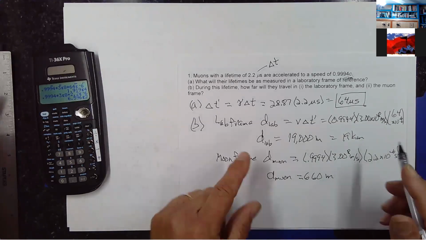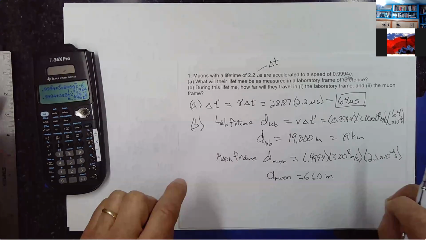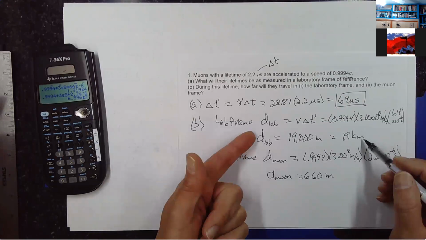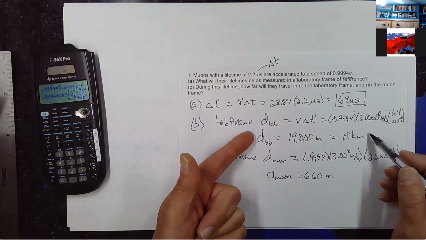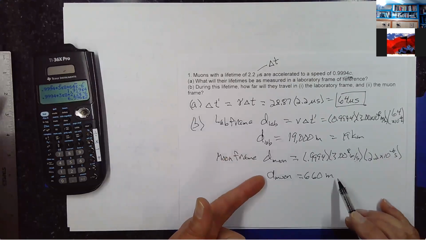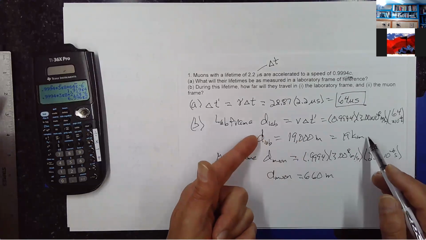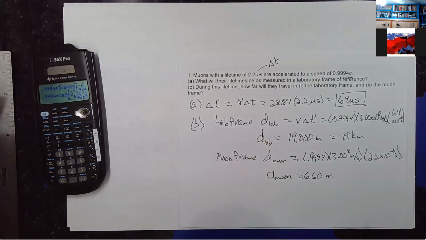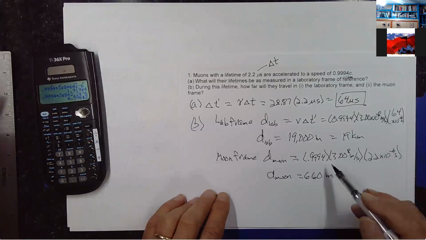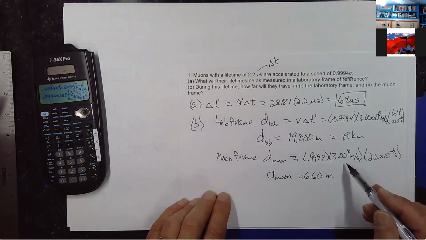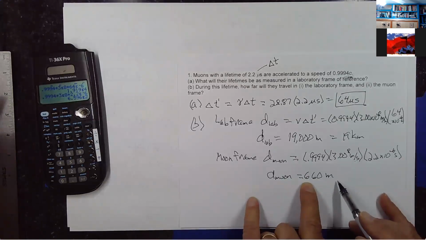And then somebody could take a tape measure and at their leisure measure the distance between those 2 points. And so this is actually a proper length. However, according to the muons, they're going to see this 19 kilometers of laboratory racing by them at 0.9994 times the speed of light, and they're going to see it as a shorter distance. They're only going to see 660 meters passing by.